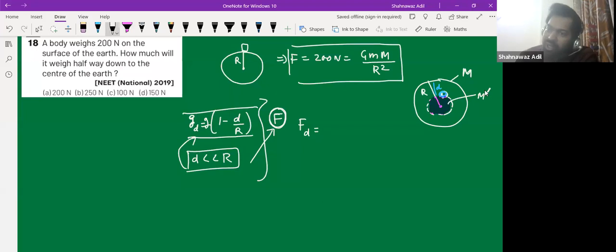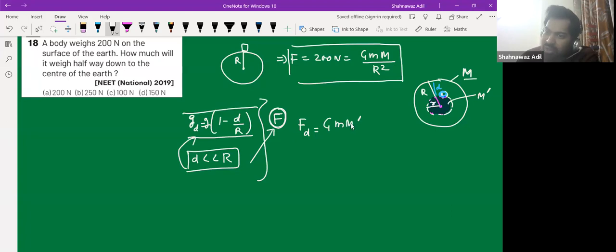So how can we relate this m prime with this M, right? Let's say this distance is r. And how can we relate this mass with the whole mass of the Earth? Because we know that F at depth would involve m and m prime.